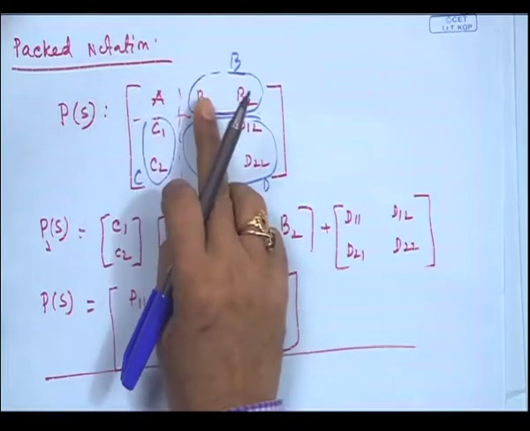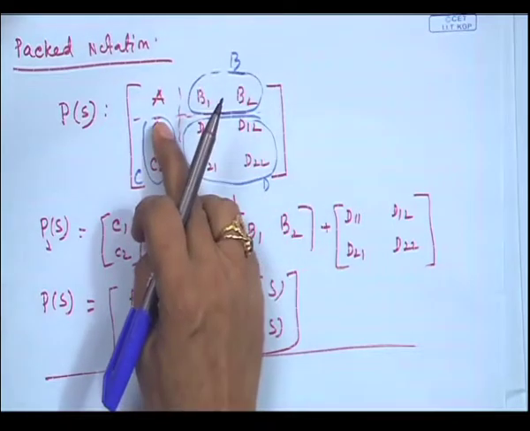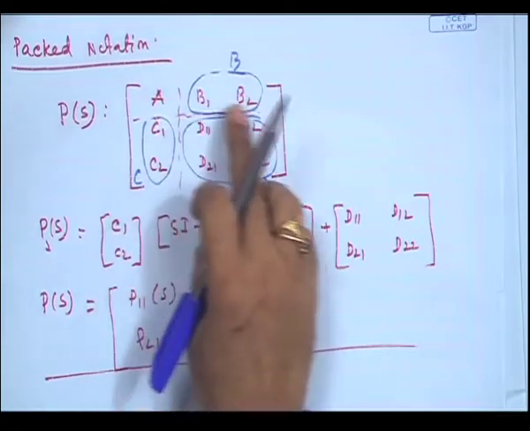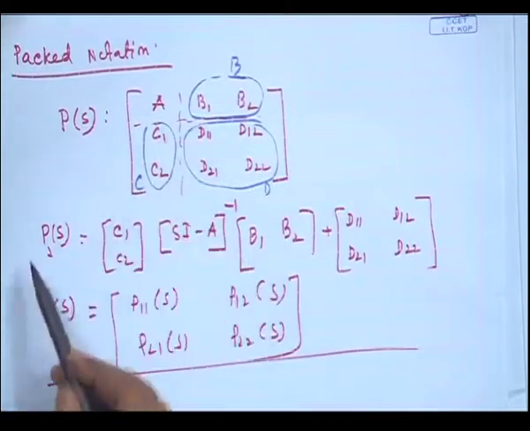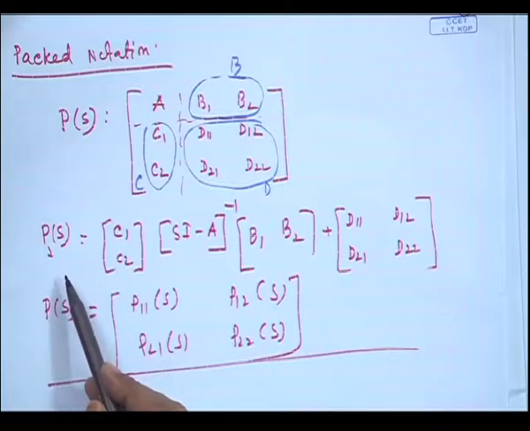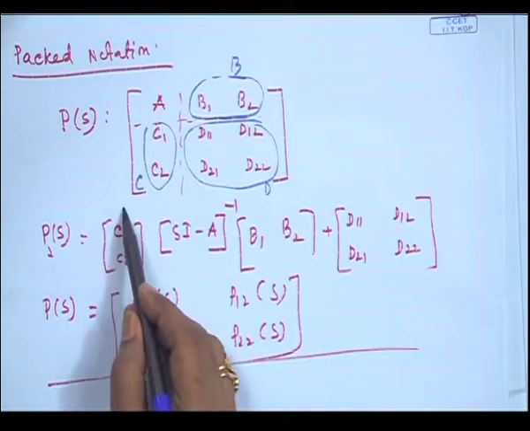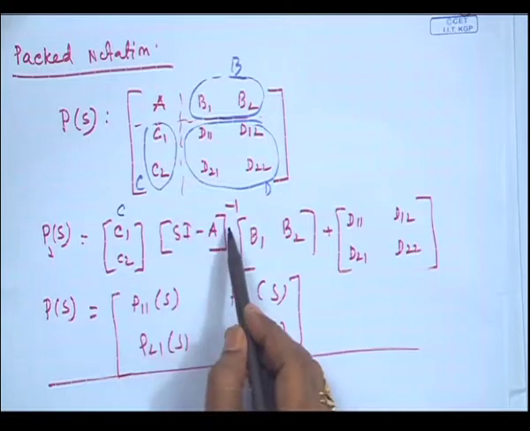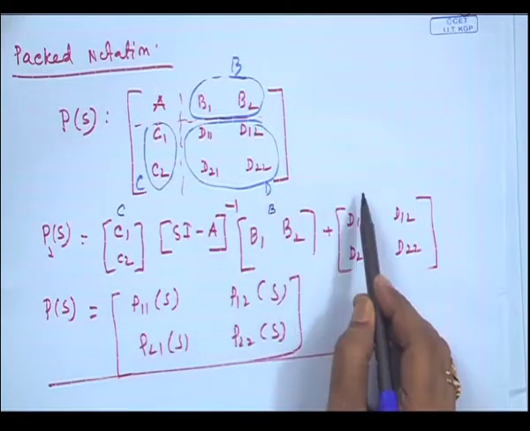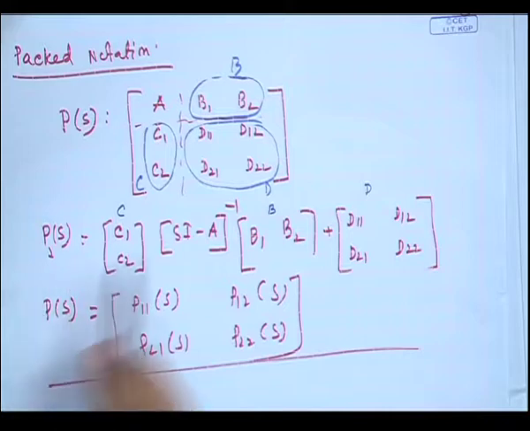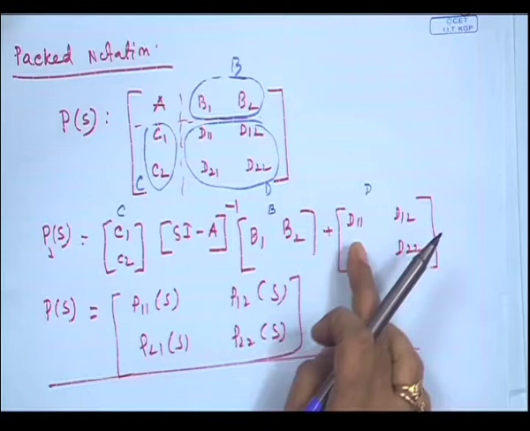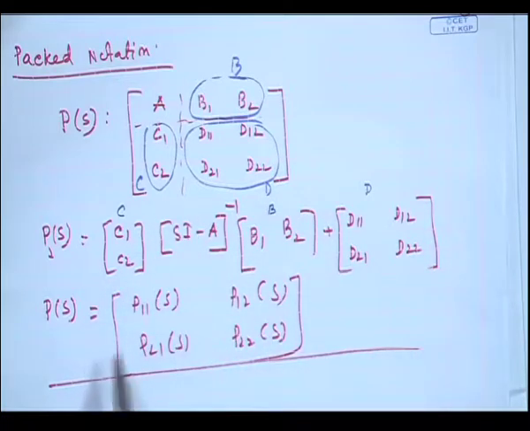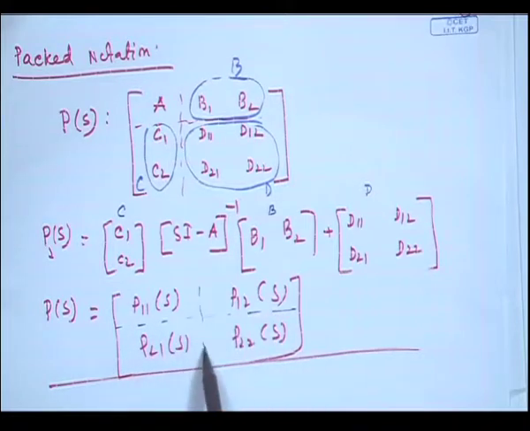B is B 1 and B 2 combined, C is C 1 and C 2 combined, and D covers all inputs, including the exogenous input. Similarly, I can write the transfer function P(s) as C (s I minus A) inverse B plus D. If you expand it and write it in matrix form, we will get 4 blocks like this.